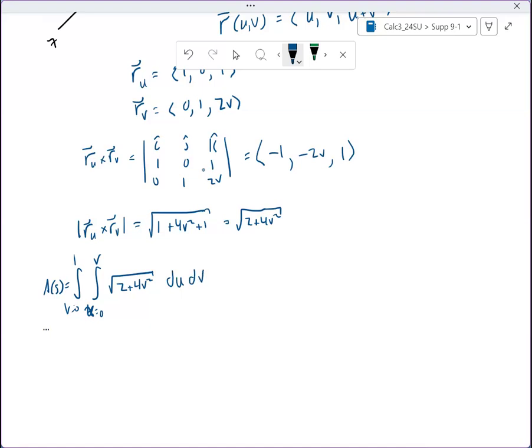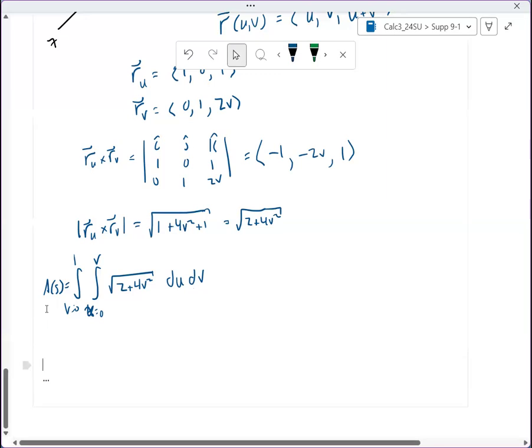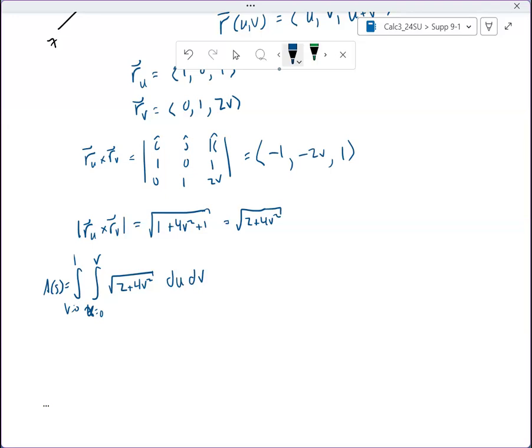Well, this nasty integrand with v's, I can integrate du just fine. And when I integrate du, I'm going to get a factor of v that's going to help out with the integration. So it looks like it's going to work out pretty well this way. If it didn't, I might have to switch the order of integration, which might be a trick I could use in another context.